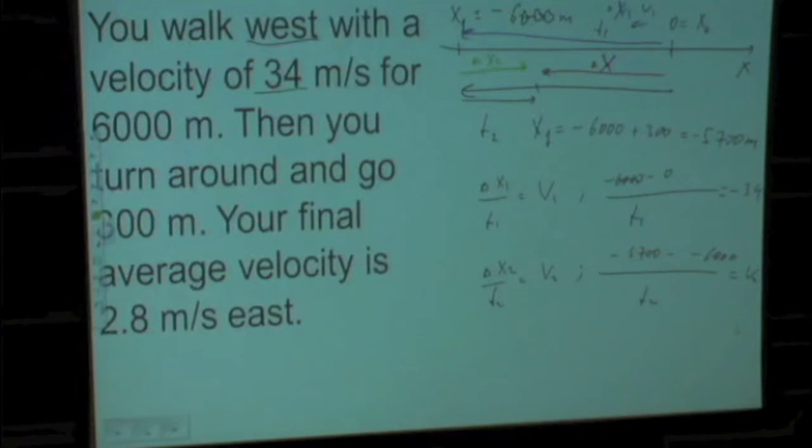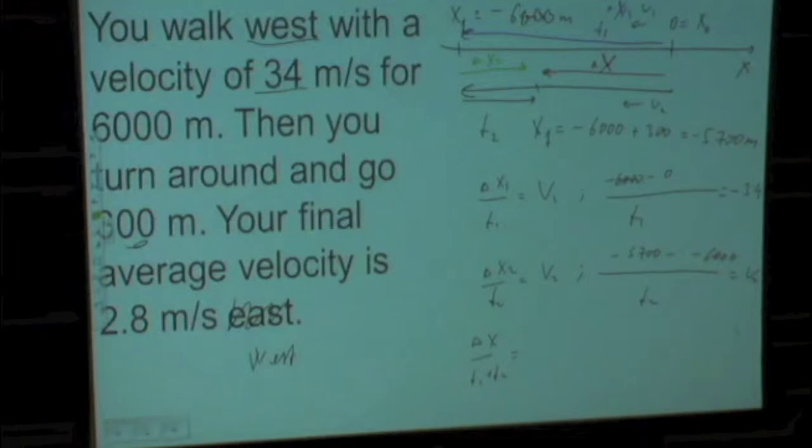But we can write the third equation for the whole trip. Delta x divided by total time should be equal to your average velocity, which should be west, because if you ended up here, your final velocity should be like that.